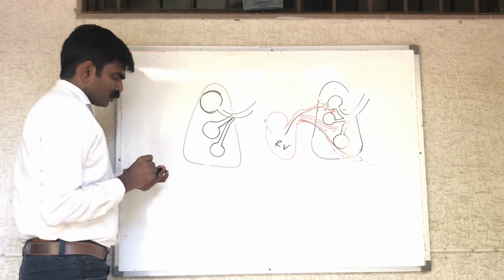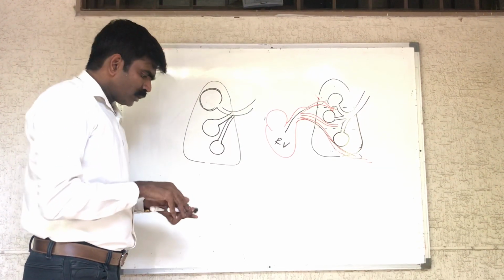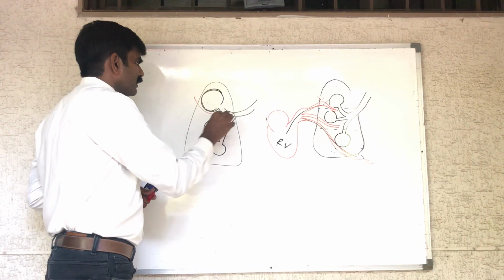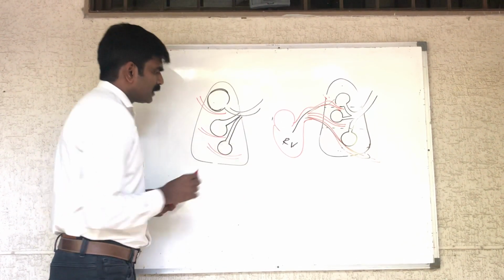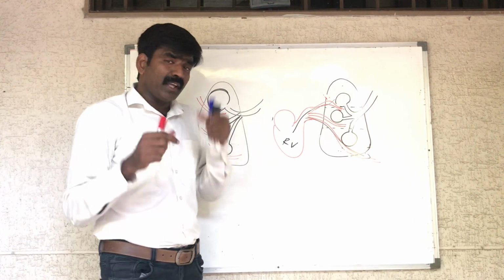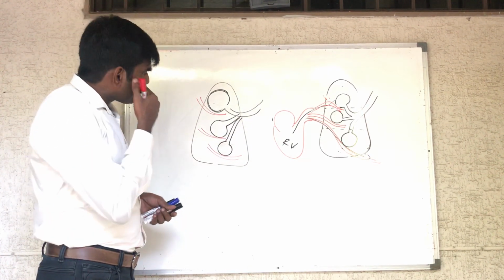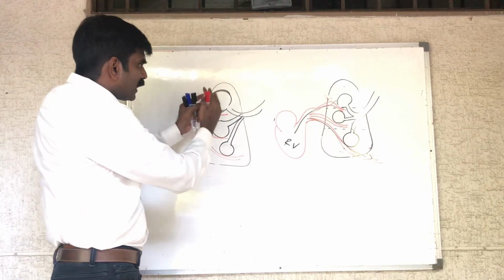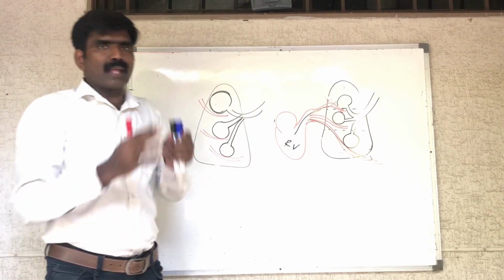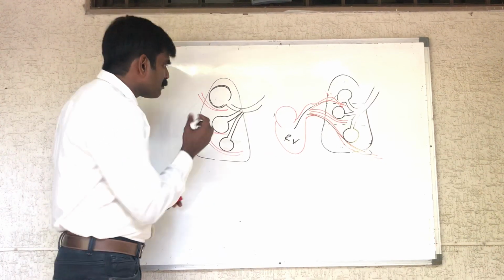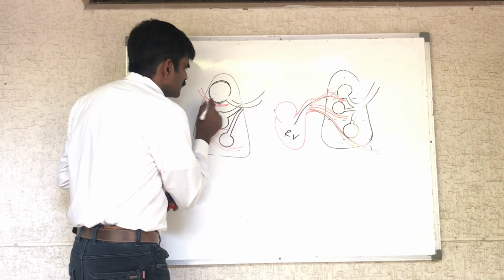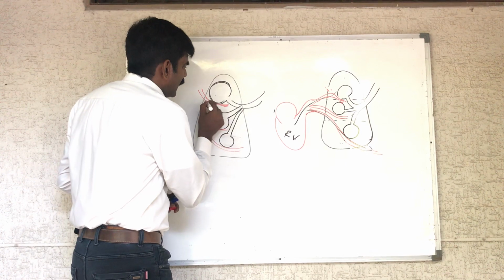Clear? So now you know the pulmonary artery lies next to alveoli. So what will happen? Here the alveoli size is large. The alveoli is inflated at FRC, which will compress the arteries lying closer to the alveoli.